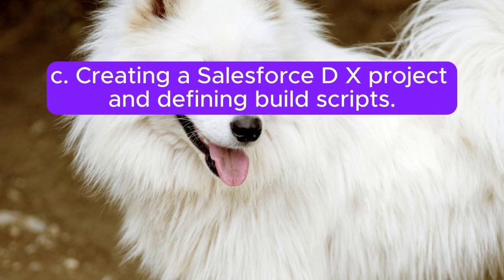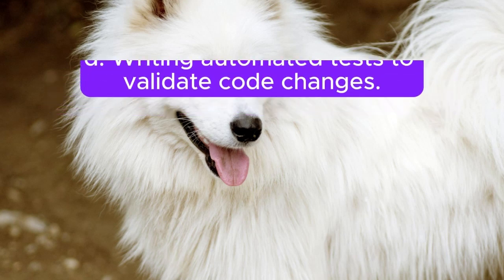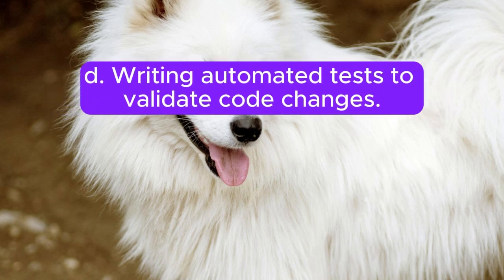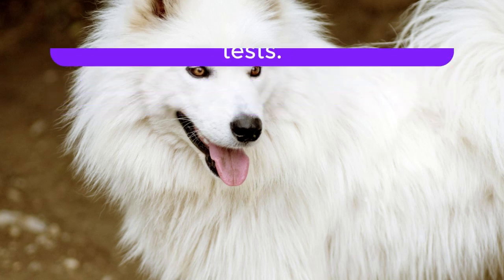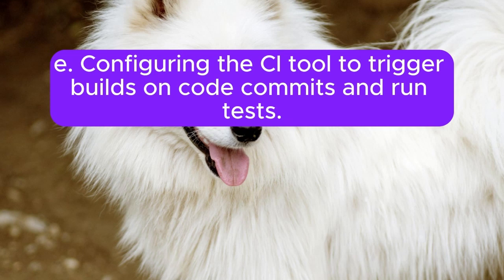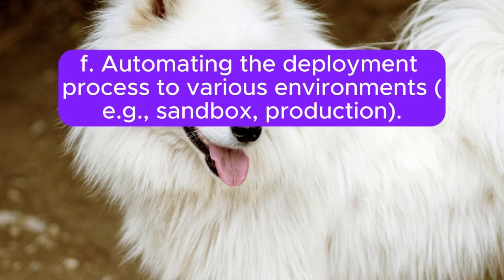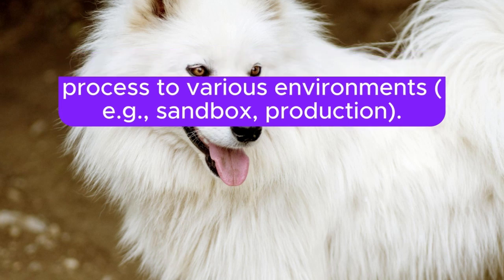C. Creating a Salesforce DX project and defining build scripts. D. Writing automated tests to validate code changes. E. Configuring the CI tool to trigger builds on code commits and run tests. F. Automating the deployment process to various environments, for example, sandbox, production.